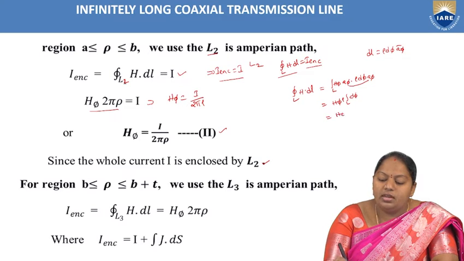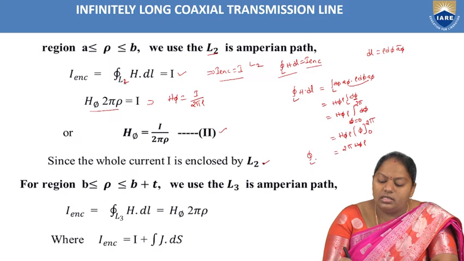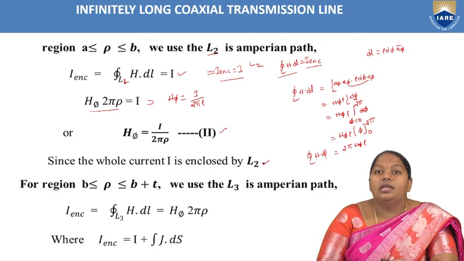For path L, phi goes from 0 to 2 pi. Substituting the limits, 2 pi H-phi rho is the result for the integral of H dot dl.